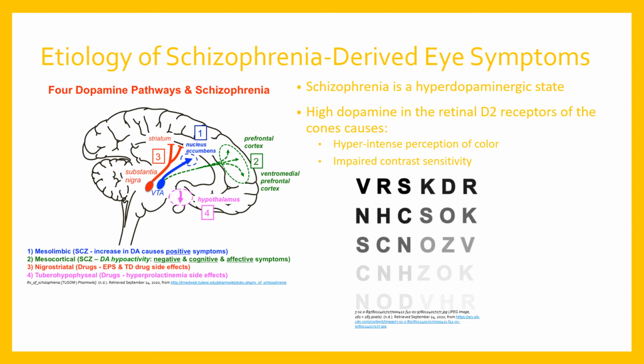And when there is a high level of dopamine, there are four dopamine-specific pathways in the brain. In schizophrenia, the mesolimbic pathway is elevated, saturated with dopamine, and causes positive symptoms. In contrast, the mesocortical pathway observes a dopamine hypoactivity, and this causes negative, cognitive, and affective symptoms.